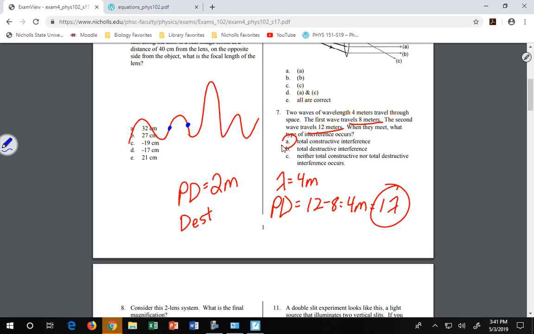They're offset, and this is technically 360 degrees out of phase, but we'll call it in phase and total constructive interference. Yes. So if I got this straight, crest to trough is total constructive interference, and destructive interference is crest to crest or trough to trough.